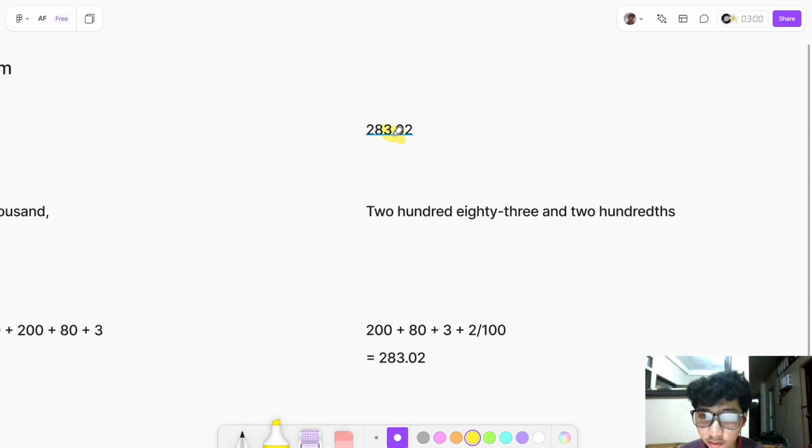As for the decimal point, in the word form, you have to use "and" to separate the whole number and the decimal numbers. So here we write "and" the 200, since 2 is in the hundreds place value.